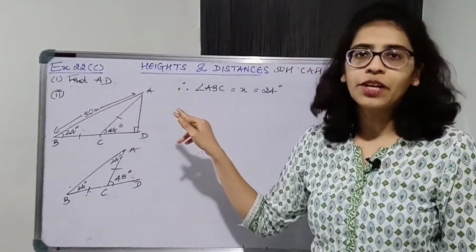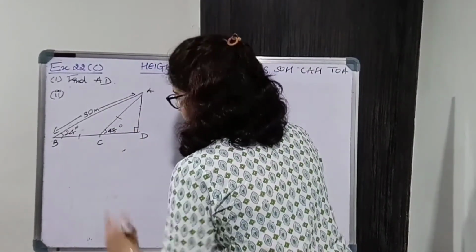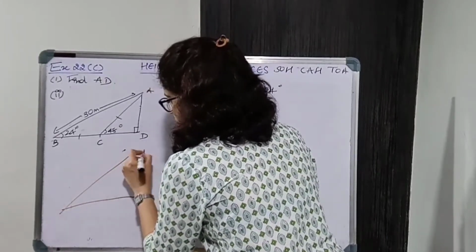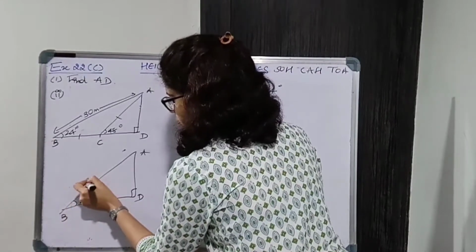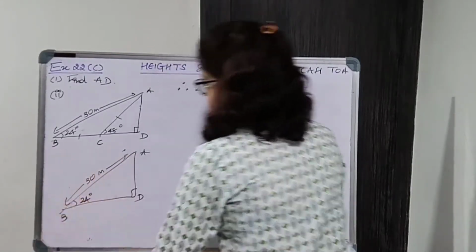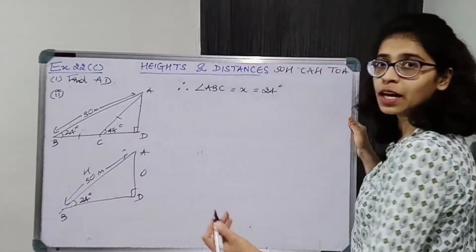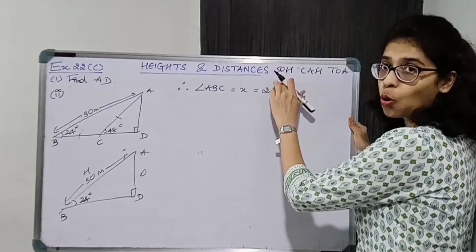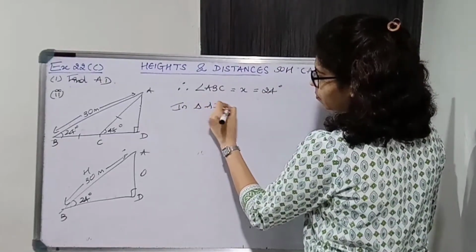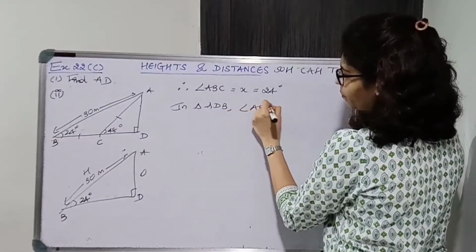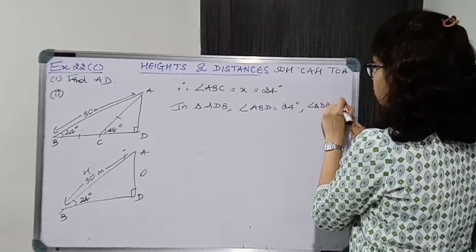Now let us consider this right angle triangle ADB. Angle का opposite find करना है and hypotenuse is given. Opposite and hypotenuse, which ratio? So sine. So in triangle ADB, angle ABD is 24 degrees, angle ADB is equal to 90 degrees.